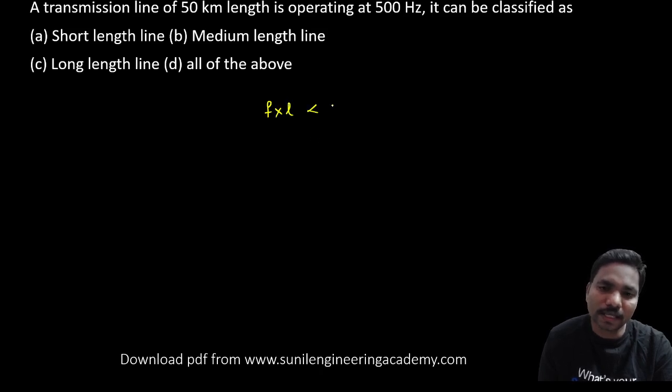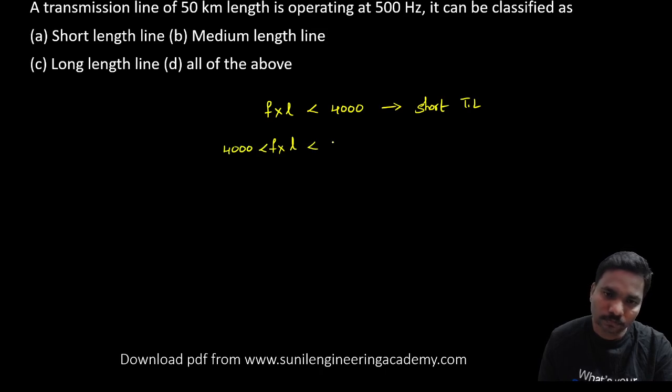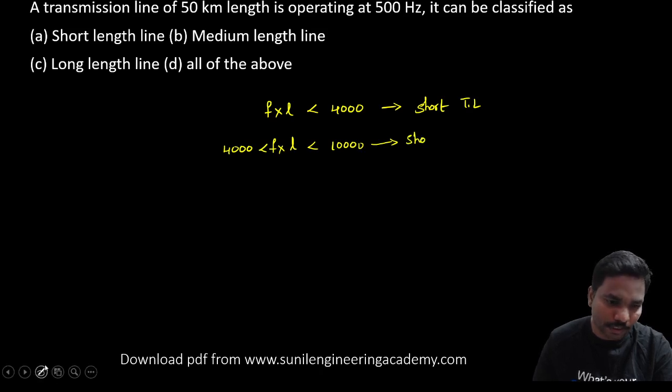If frequency into length is less than 4000, then it is a short transmission line. If the frequency into length is between 4000 and 10,000, then it is a medium transmission line.